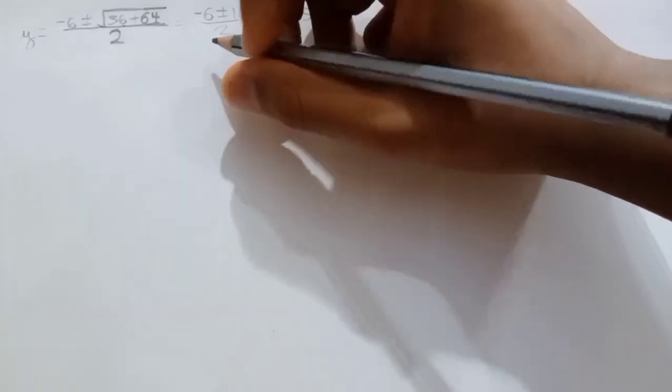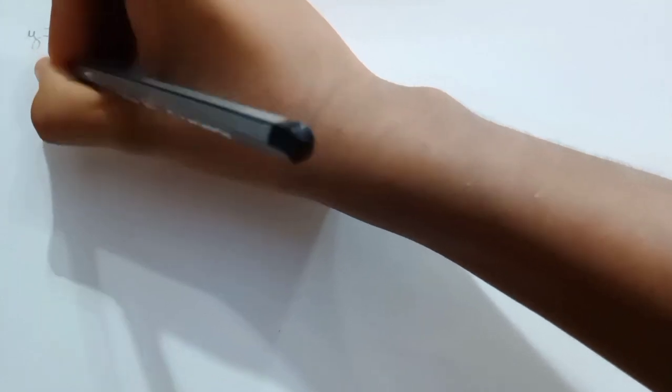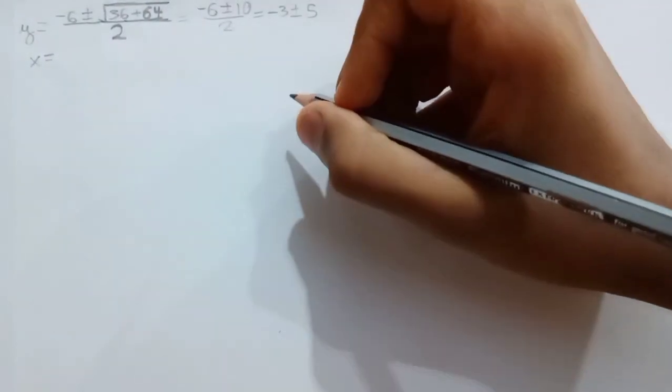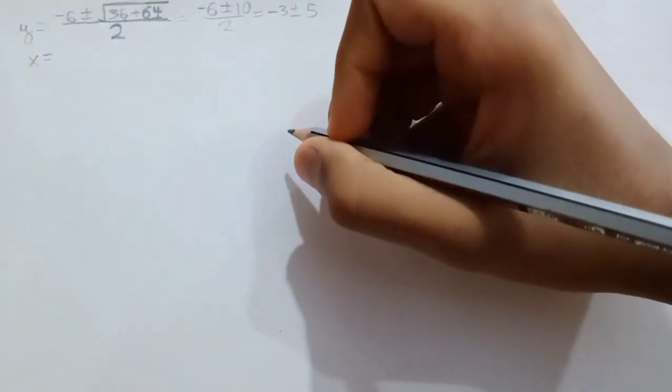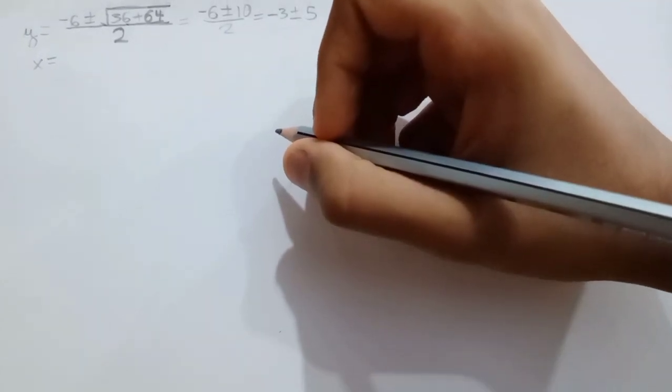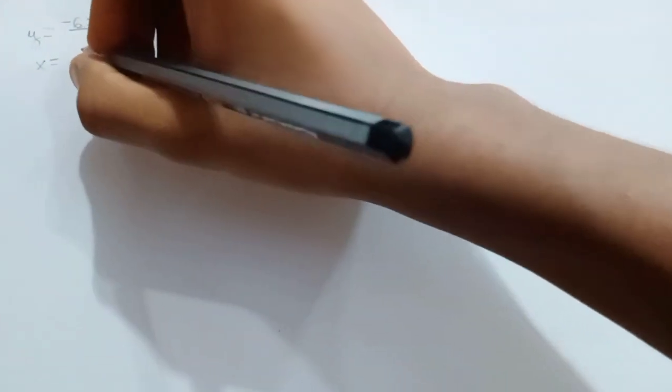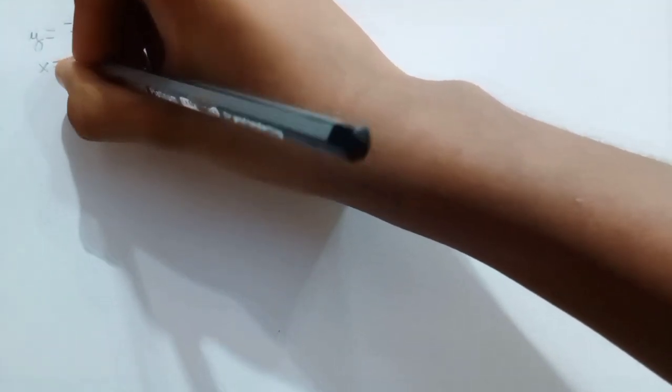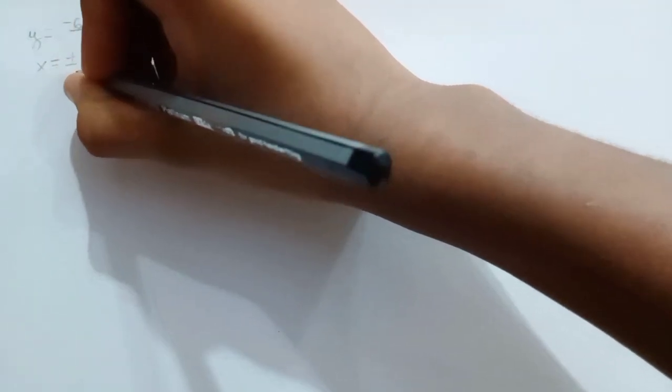But we're not looking for y, we're looking for x. So since the degree of the equation was 4, we'll be having 4 roots, real or imaginary or complex, whatever it is. But we'll be having 4 roots. You can express them in one term.